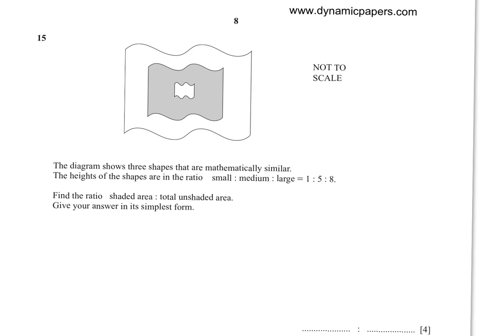So the ratio between their areas, 1 squared to 5 squared to 8 squared. So 1 to 25 to 64. This is the ratio between the area of the small and the area of the medium and the area of the large.